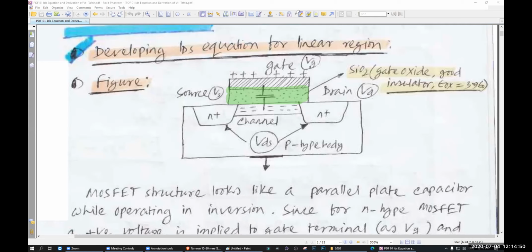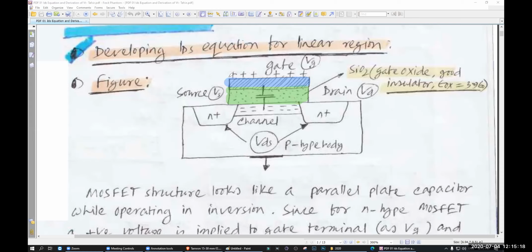On top of the silicon dioxide, you have a metal. That is called gate. That is a metal sheet that is called gate. And the silicon dioxide layer is separating the metal layer from the drain and source. And when we give a positive voltage here, that means plus, plus, plus.